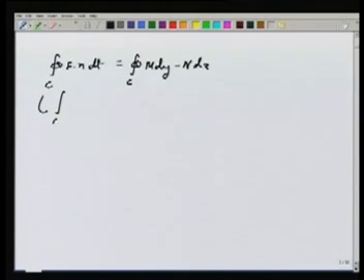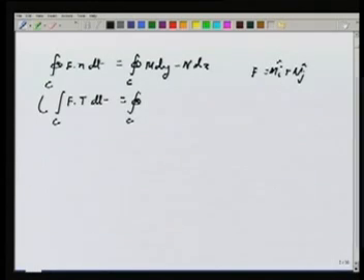Recall that for the integral over C of F dot T dt, if F is equal to M i plus N j, then F dot T was M dx plus N dy. So with that notation, the integral over C of F dot n dt turns out to be M dy minus N dx. Now can I write this as a double integral?